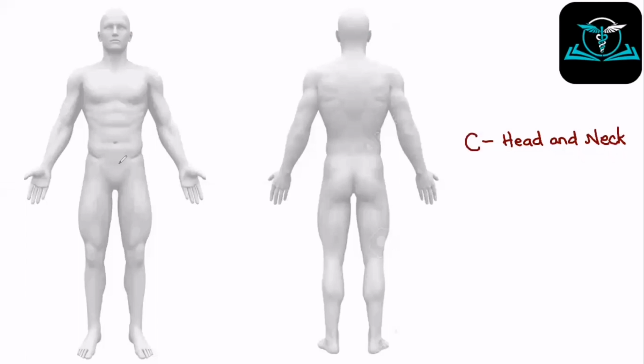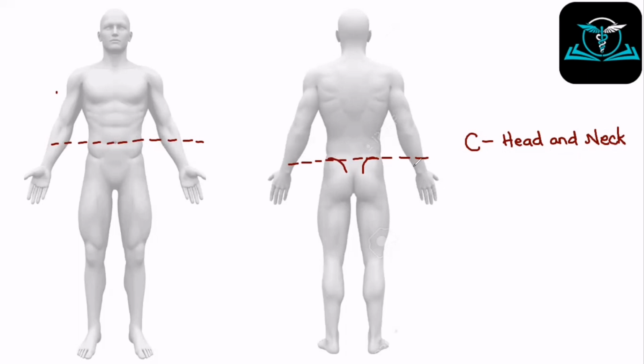After you have been able to appreciate that the head and neck structures superficially are drained by the superficial cervical lymph nodes, the next step is to draw an imaginary line through the umbilicus anteriorly, and when it comes to the posterior part, locate the iliac crest. Draw an imaginary line through the iliac crest. So anteriorly, your landmark is the umbilicus, and posteriorly, your landmark is the iliac crest.